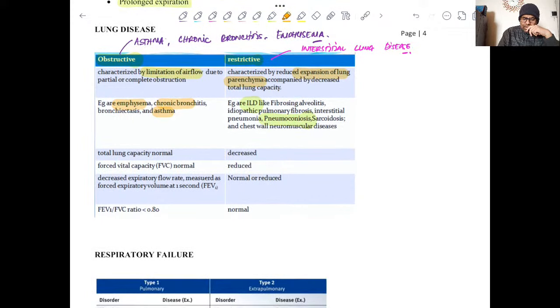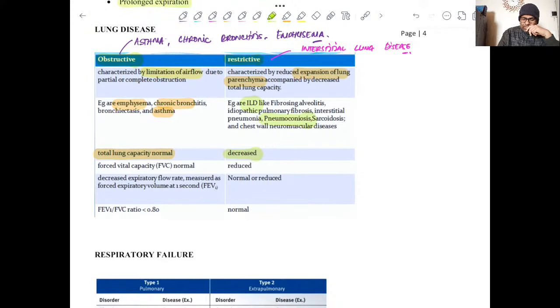Then in obstructive, there is pathology only in the airways but not in the lung parenchyma, so the total lung capacity is normal. But in restrictive, airways are normal but the lung parenchyma is affected, and therefore the total lung capacity, which is a measurement of the expansion, or you can say compliance of the lung, is reduced.